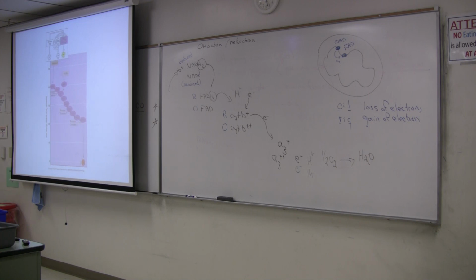So if we look at all of those final end products for glycolysis, for the intermediate step, for the citric acid cycle, and for electron transport, our final products of glucose catabolism are obviously ATP, water, carbon dioxide, and heat. Okay.